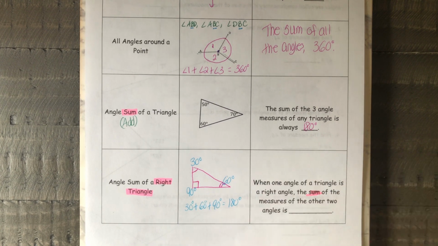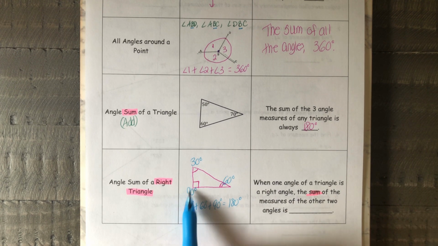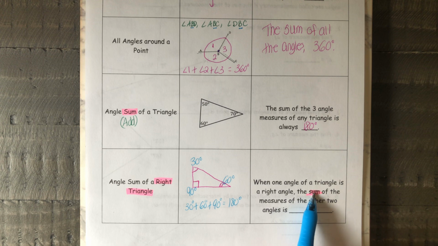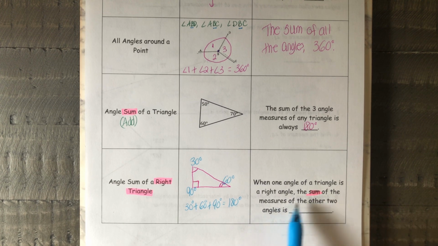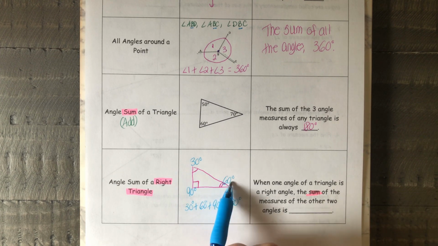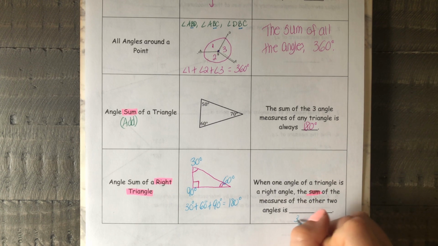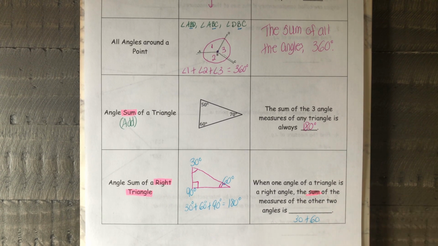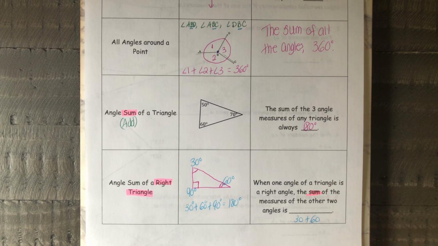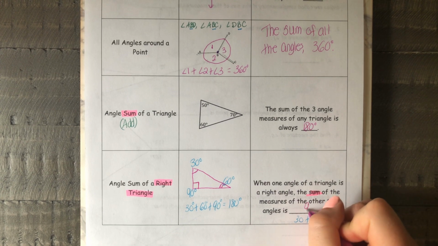All right. So now if I read it again, if the first right angle is 90, what's the sum? What happens when I add the other two angles together? Well, 30 plus 60 is what number? You got it. It's 90 degrees.